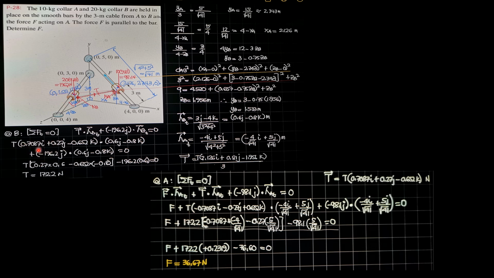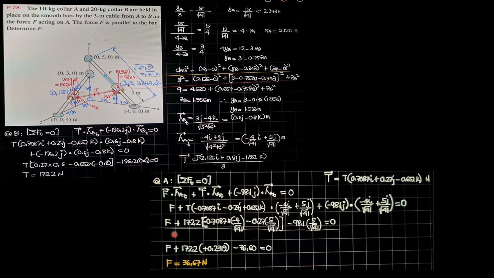So that's why we have T. Let's make this negative 0.7087i, negative 0.27j, and this becomes positive 0.652k, dotted with the unit vector of that bar, which is negative 4i over square root of 41, plus 5j over square root of 41, plus the component of this weight, negative 98.1 in vector form, dotted with the unit vector of the bar again, which is negative 4i over square root of 41, plus 5j over square root of 41. And that should be 0 because the system is in equilibrium.